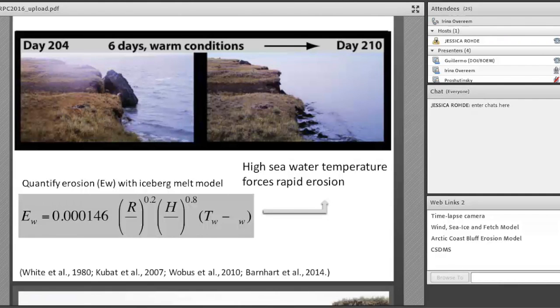I see that the equation didn't quite correctly make it into the file conversion, but you can look it up in the original file. But basically what it sets up is a temperature differential between the permafrost bluffs and the seawater, and there's a wave height and period in there, and that quantifies the erosion.